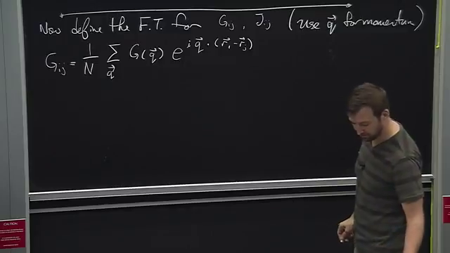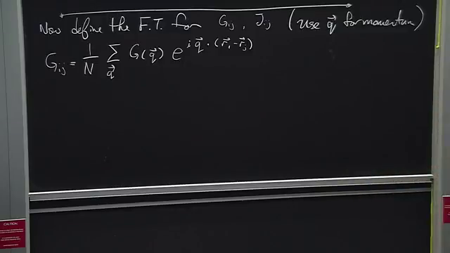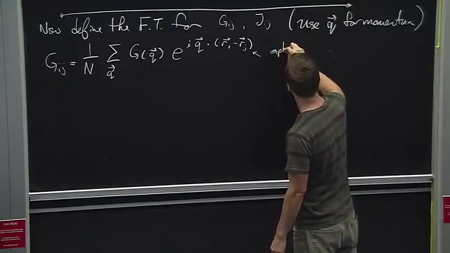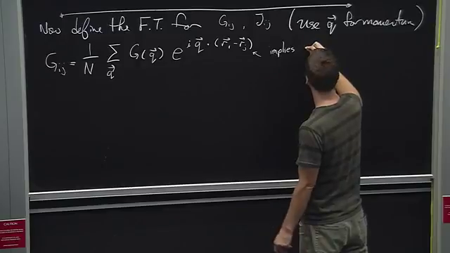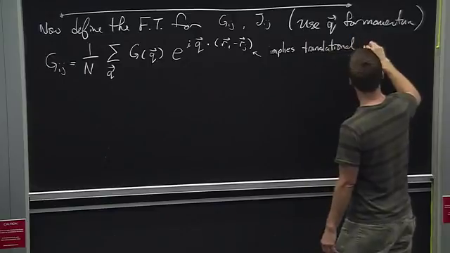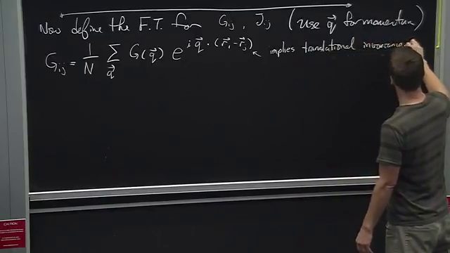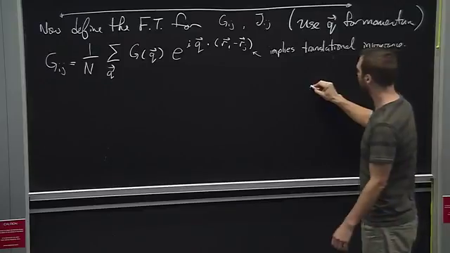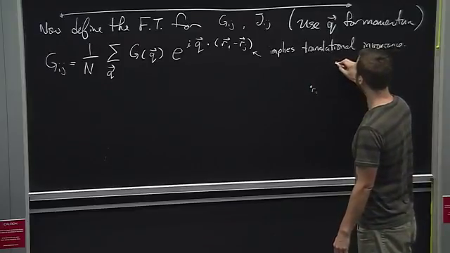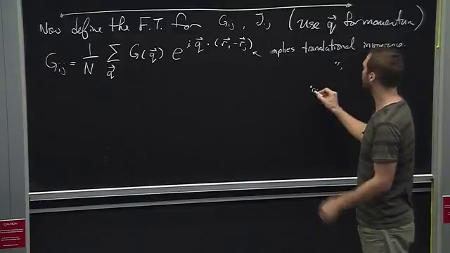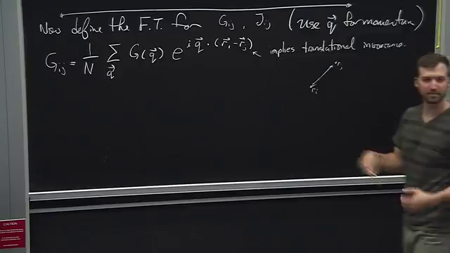And when I write it like that, I've explicitly used translational invariance. Again, another physical ingredient going into this is the idea that if I have an Ri and an Rj, then this 2-point correlation function only depends on the distance between them.